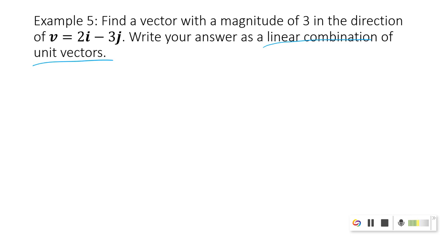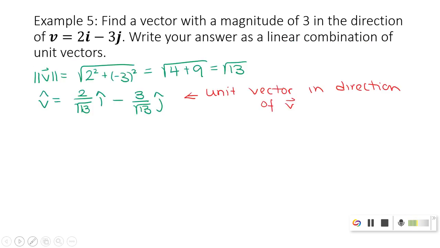So if I want to find a vector with a magnitude of 3 in the same direction as vector v, the very first thing I'm going to do is create a unit vector, a vector with a magnitude of 1 in the direction of v. So to do that, I found the magnitude of vector v by taking the square root of 2 squared plus negative 3 squared. So square root of 4 plus 9, square root of 13. So magnitude of vector v is root 13.